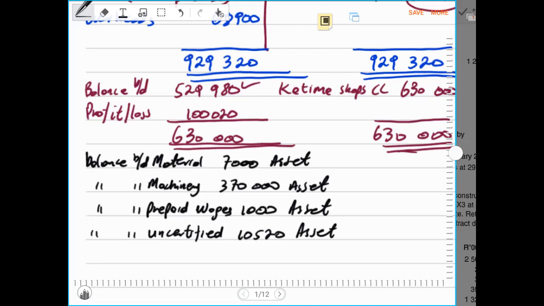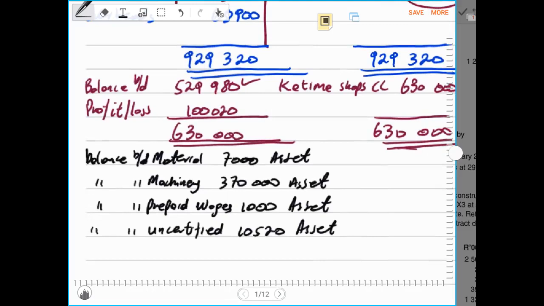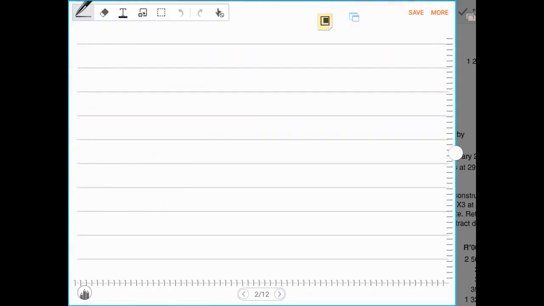Then after we have recorded this, now we have to go to the second stage. We have recorded the ledger account for the contract, and now we have to record the debtors account. In other words, the debtors account, which is Katima Shops Close Corporation.